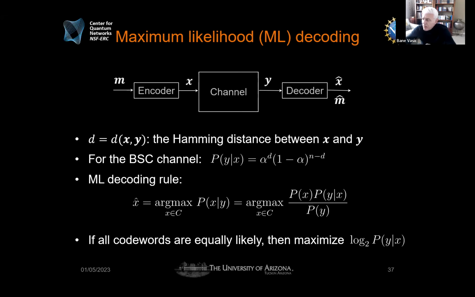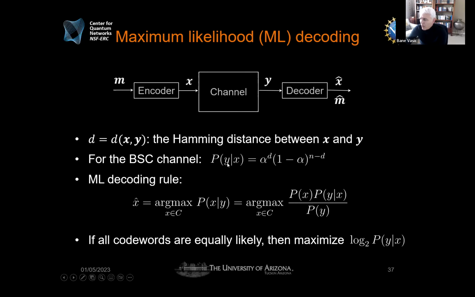But before we do this, let's clarify the statement about the closeness. Remember, we said that the decoder needs to find an estimate of a code word that is closest somehow to the received vector Y.